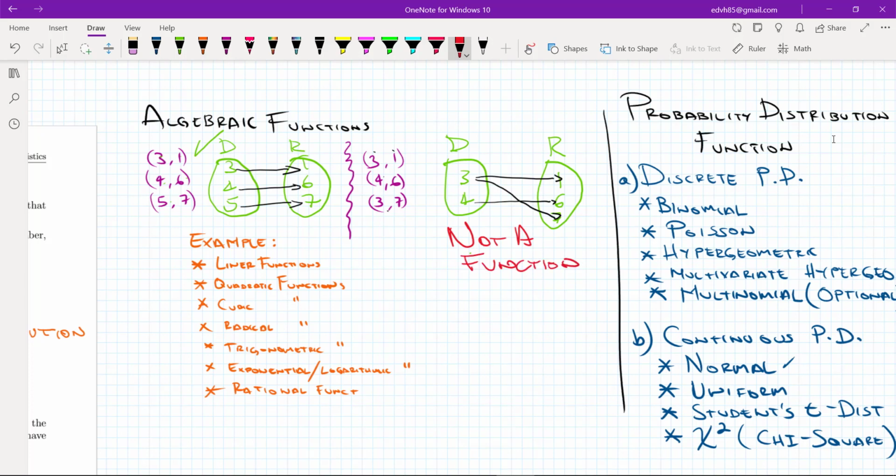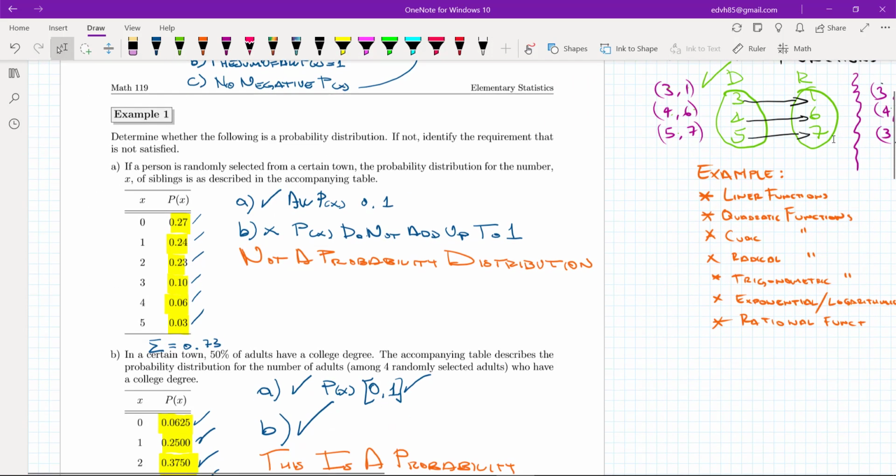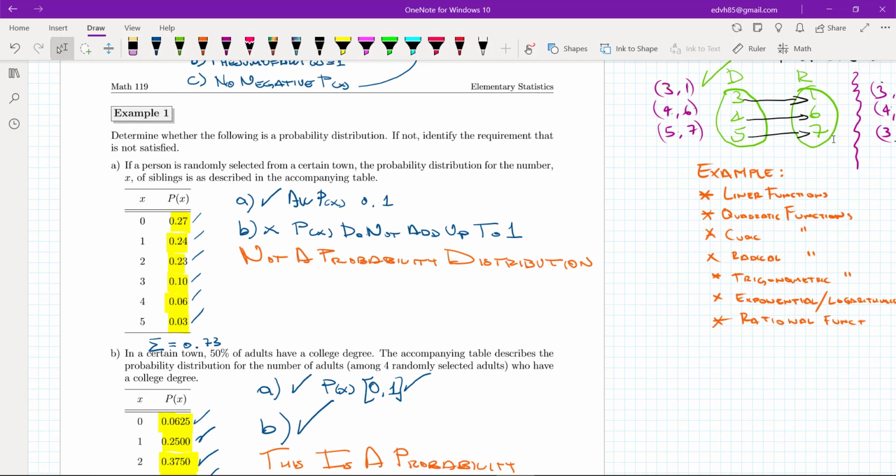All right. So we did something similar here. We checked some of the conditions to determine whether this table of values represented a probability distribution. Number one, all the probabilities are between 0 and 1, but this first example failed to be a probability distribution because it failed one of the conditions.